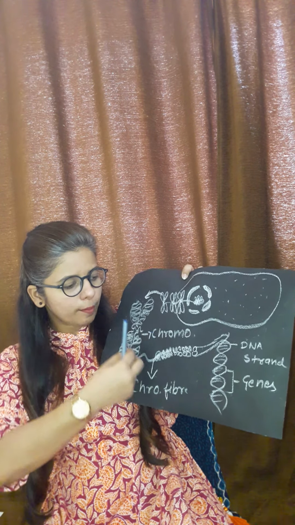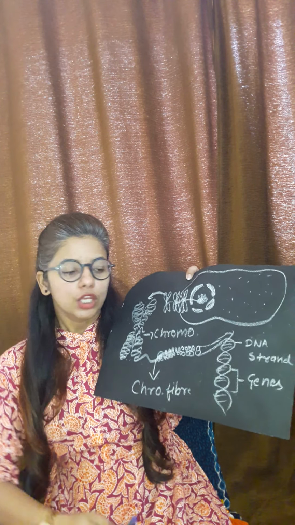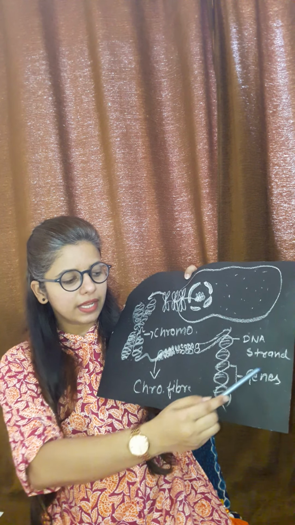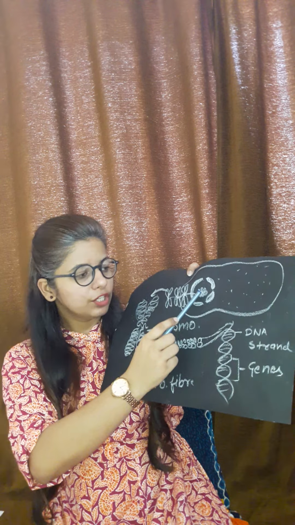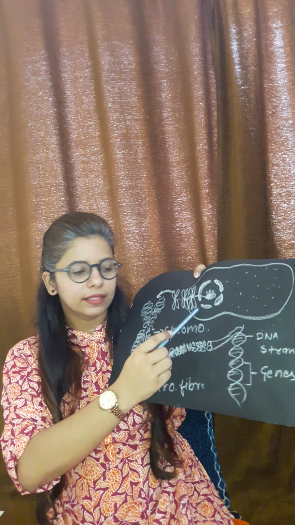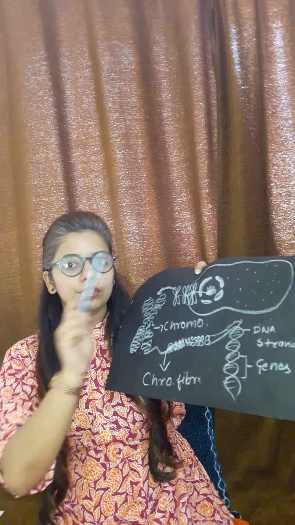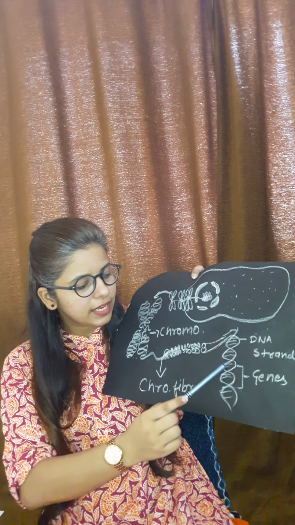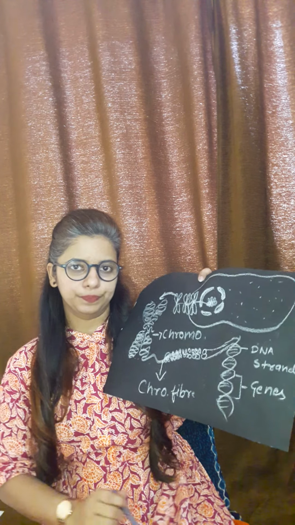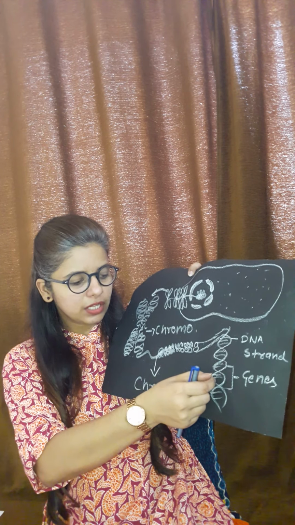So it is a very complex structure. The genetic material we talk about started from here, and it is present in a cell, inside the nucleus. So try to understand very carefully. The functional units of DNA are called genes, and these genes are responsible for transferring characters from our parents to children.